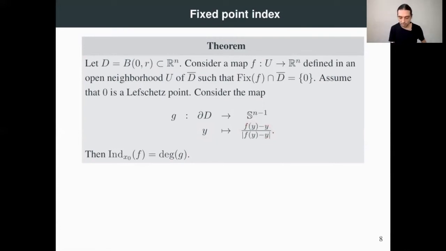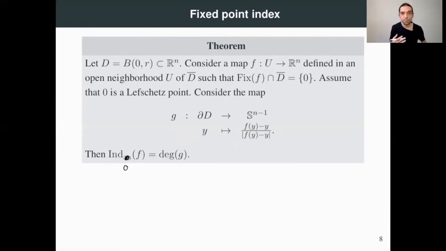Since F(y) - y is equal to 0 if and only if y is a fixed point, and the unique fixed point in the closed ball is the origin, this is well defined. And here, the fixed point is 0. We have that the index of F at 0 is the degree of g.